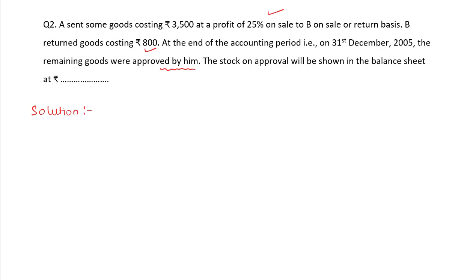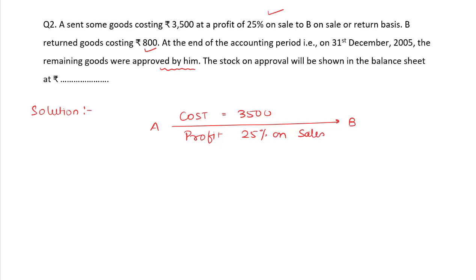Solution. So A sent goods to B. What is the cost of the goods? 3,500, and profit percentage 25% on sales. 800, the value of goods is returned. 3,500 minus 800.